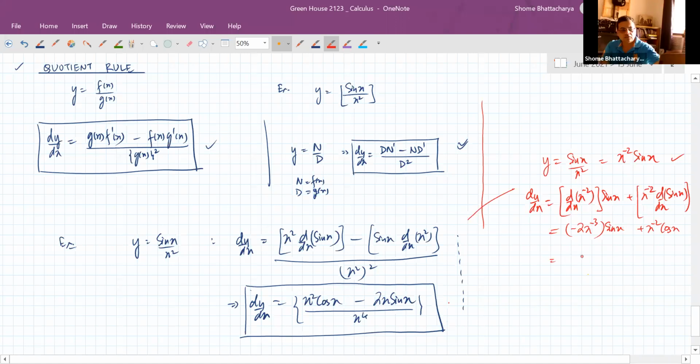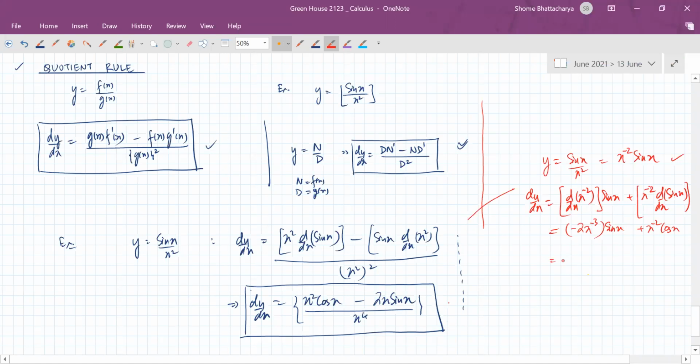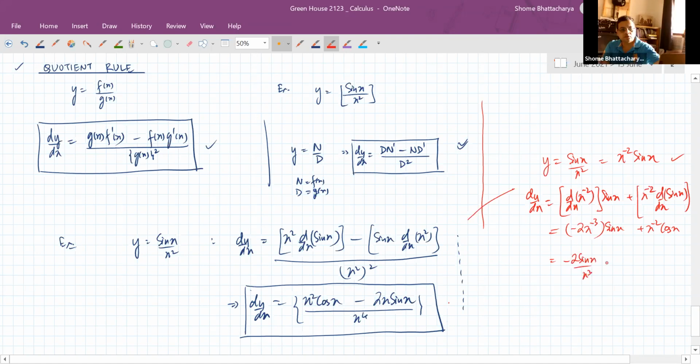So we'll get like this: -2 sin x by x cube plus cos x by x square. That you can see is the same as this, no? It is cos x by x square minus 2 sin x by x cube, which is, by the way, this only. If you simplify this, you'll get this.